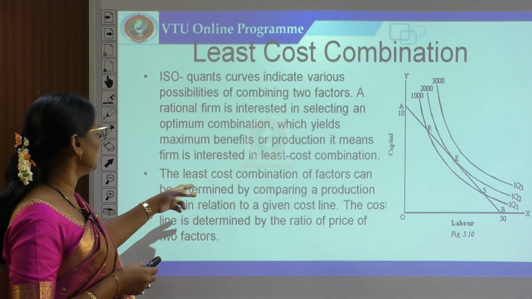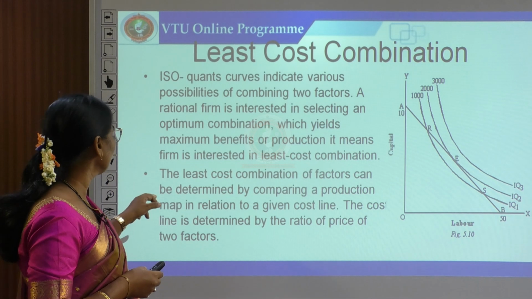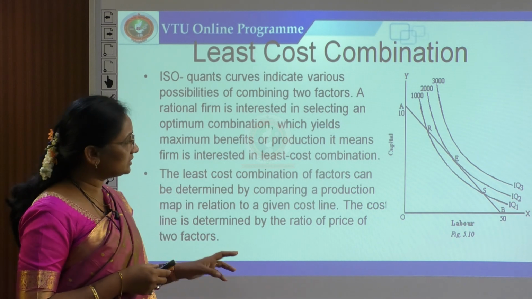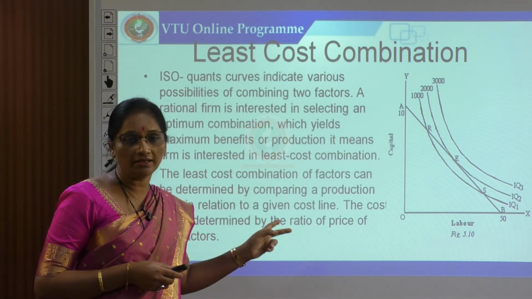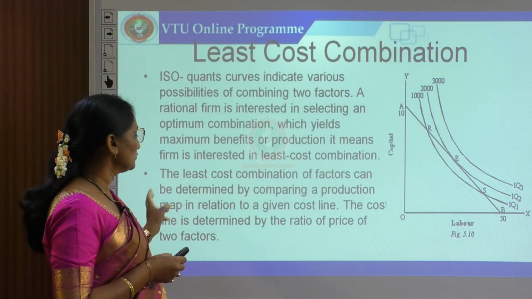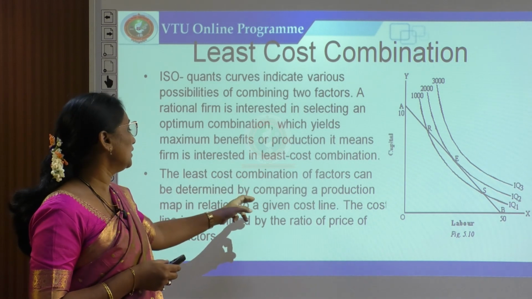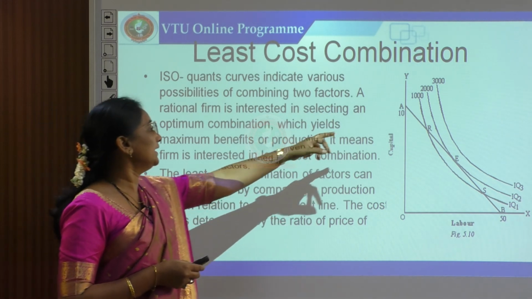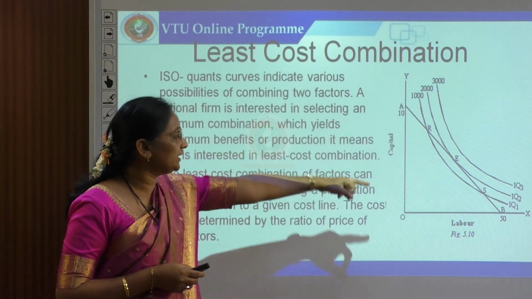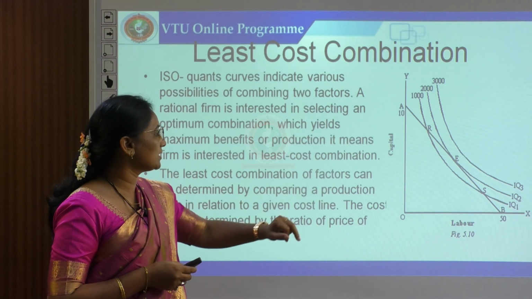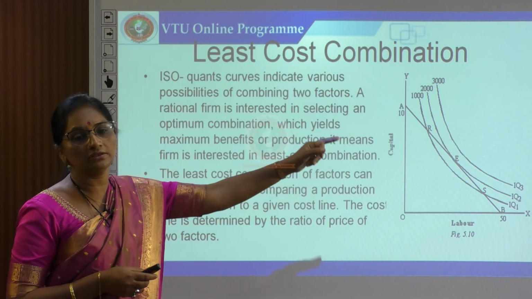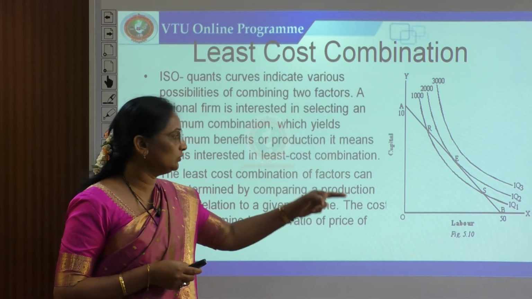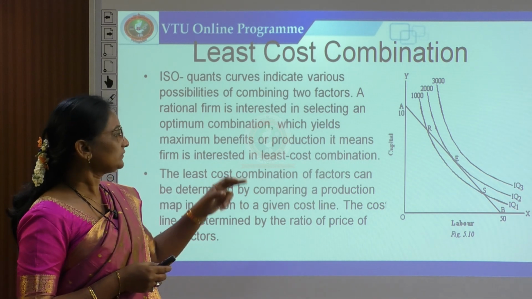The least cost combination explains comparing the production map in relation to a given cost line. Here we take one cost line and some indifference curves. With the help of the indifference curves and the cost line, we can understand the least cost combination. AB is the cost line in the graph, and we get three different isoquant curves, isoquant 1, isoquant 2, isoquant 3.